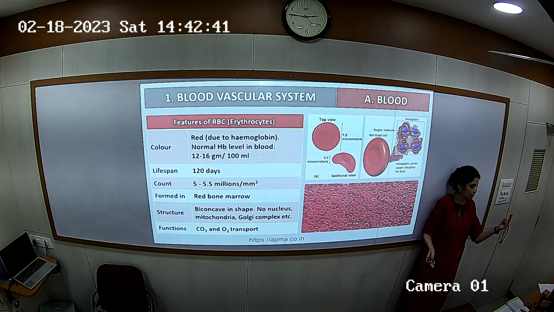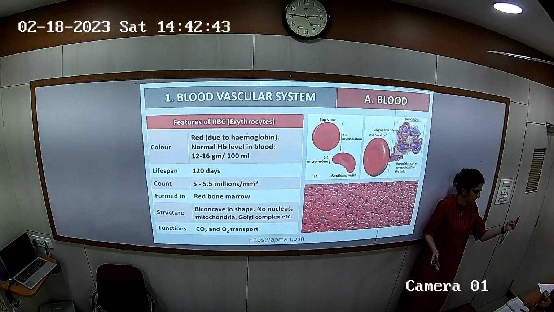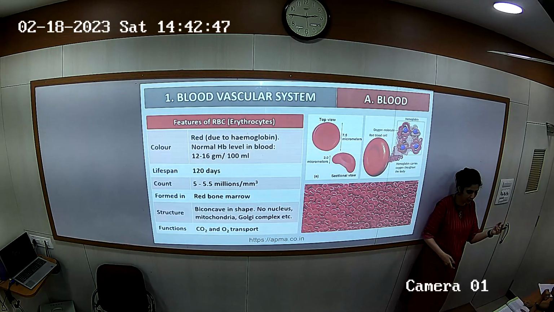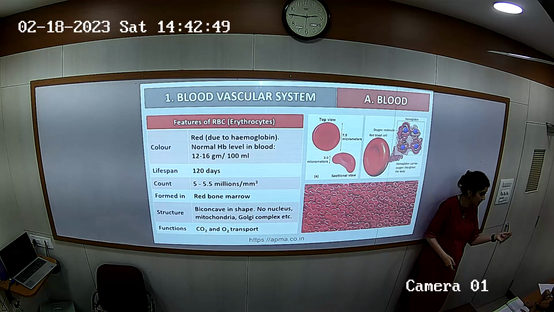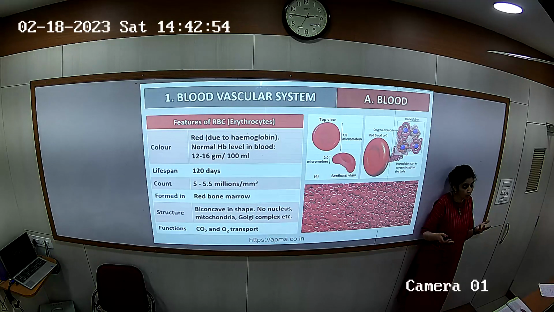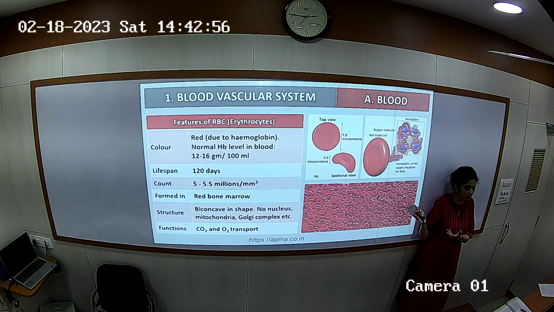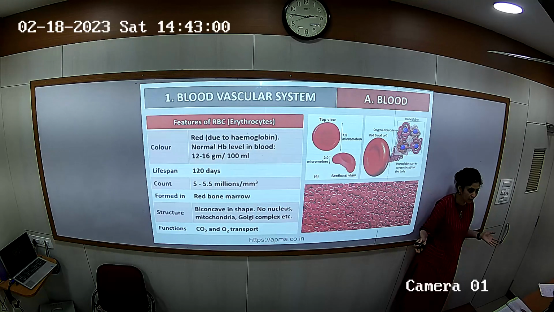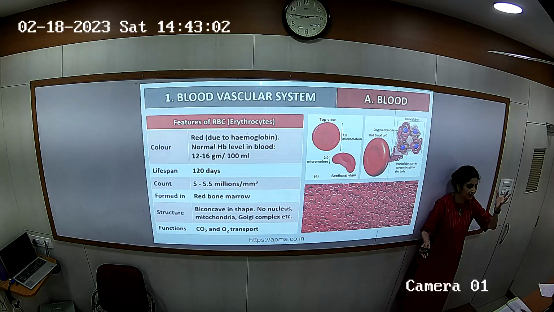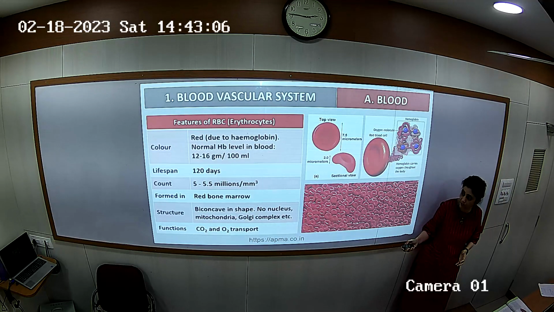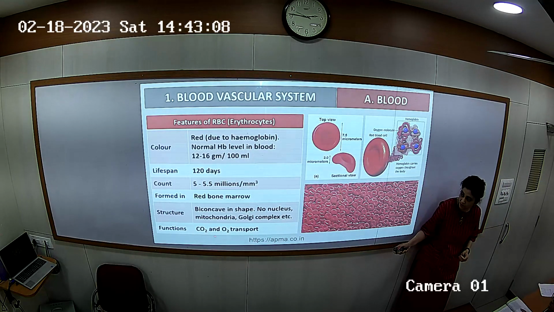Nucleus has got basically two functions: protein synthesis, which you study in molecular basis, and cell division, which you have done. So neither of the nucleus's functions is needed here. RBC does not divide, it does not synthesize any protein. Okay, so it has nothing inside, but the entire thing is packed with hemoglobin. Okay, what is the function?